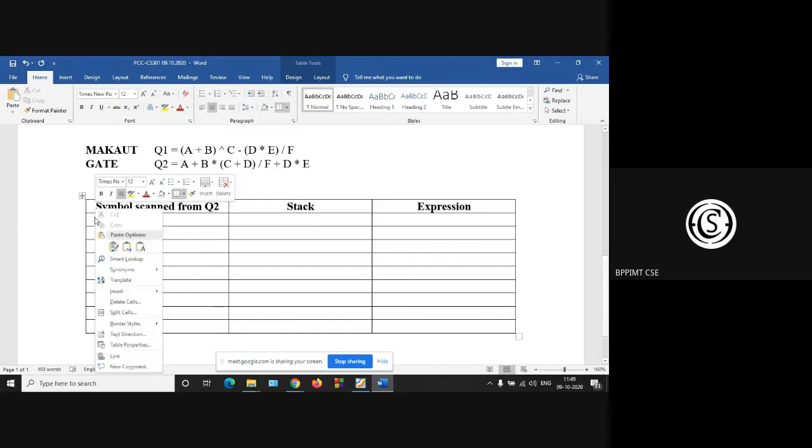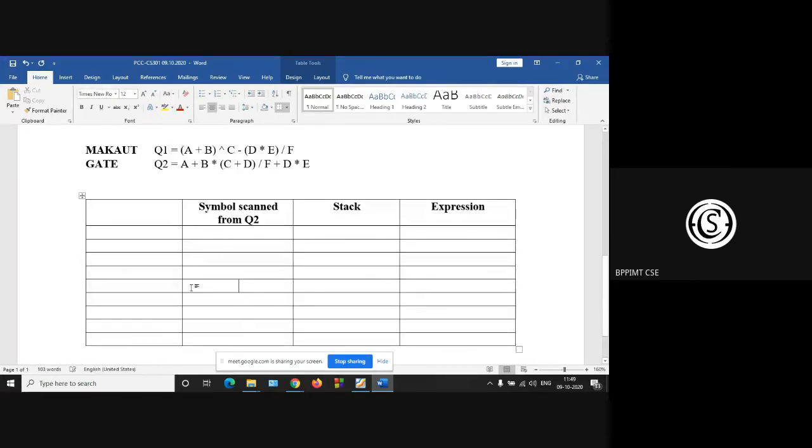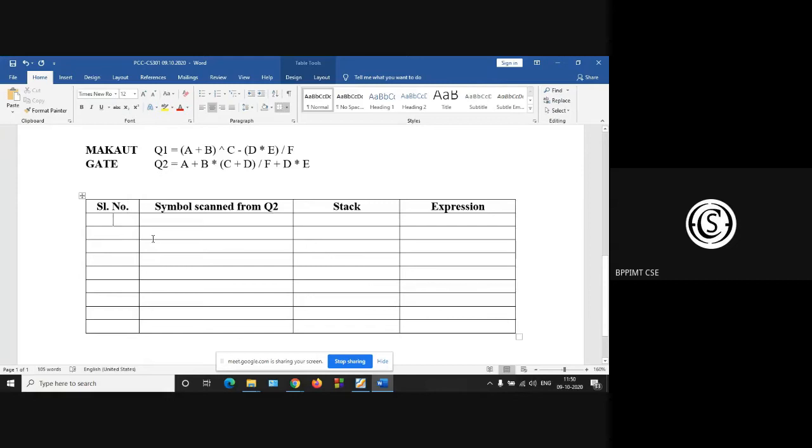So first, insert a column to the left. First, which symbol? A. So what is the rule?